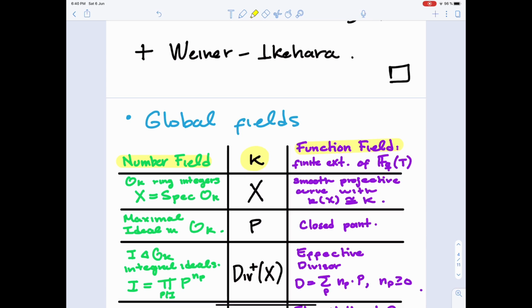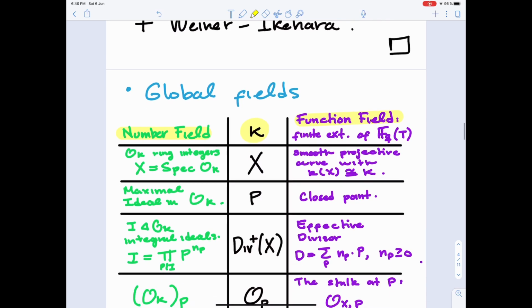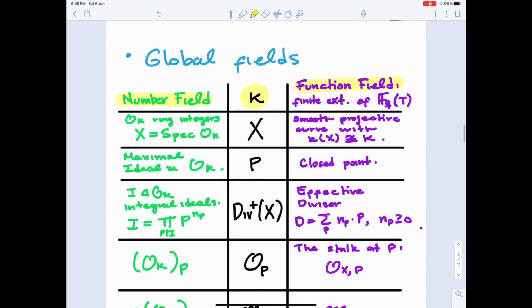By X, I'm going to mean the associated scheme. X in the number field case is going to be the prime spectrum of O_K, the ring of integers. And in the function field case, X is going to be the smooth projective curve with field of functions isomorphic to K.